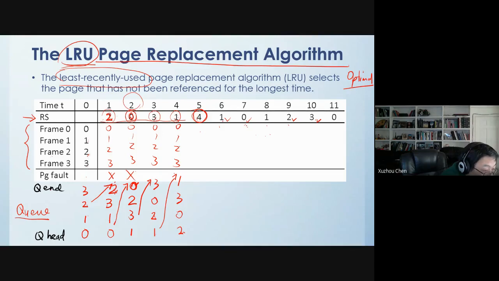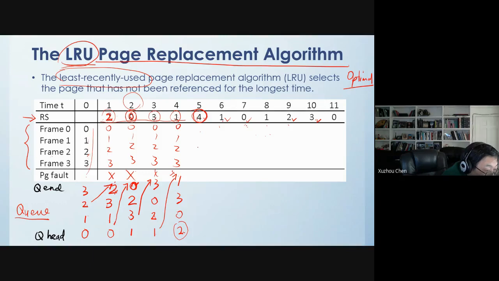Okay. So now page replacement happens because 4 is actually not in the memory. So page 4 is not in the memory, so we have to pick a victim. Now, which one are we going to pick? We pick 2.